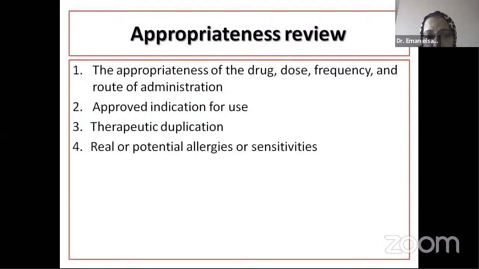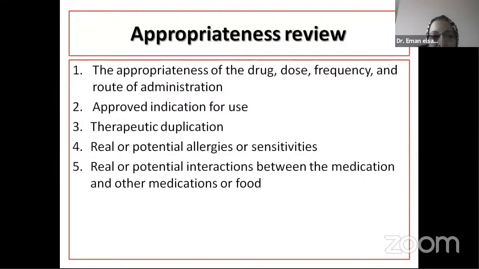So that's why the allergy should be documented, the degree of allergy, and any details, like the type of allergy and the antidote given at the time. That's why we focus on real or potential allergy.